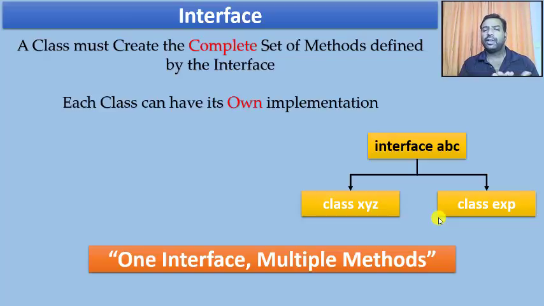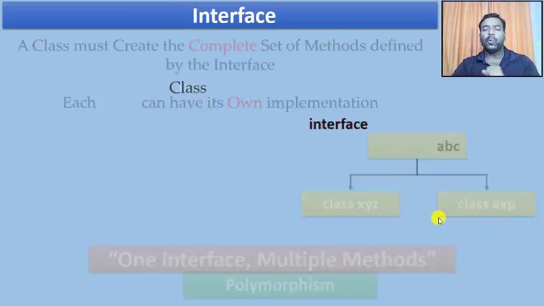Almost the interface and the abstract class are similar, but the difference is every method in the interface should be bodiless. Whereas in an abstract class, you can make a choice which method should have a body and which method is not going to have a body. Hence, that is what we talk about as polymorphism.